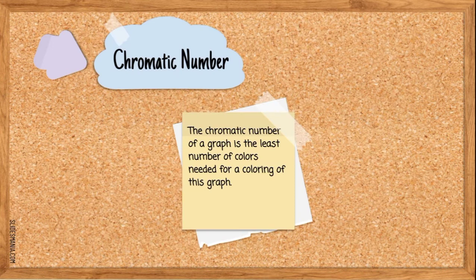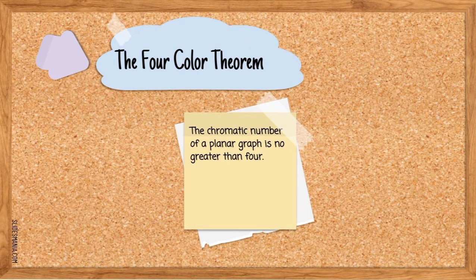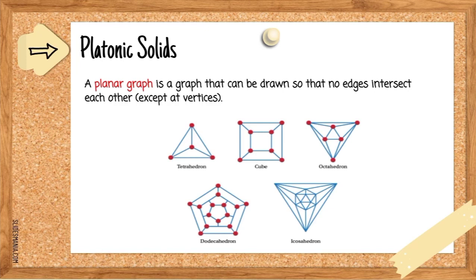Chromatic number. The chromatic number of a graph is the least number of colors needed for a coloring of this graph. The four-color theorem: the chromatic number of a planar graph is no greater than 4. These are some of the ways any number of vertices can be placed in a plane or drawn as a planar graph.